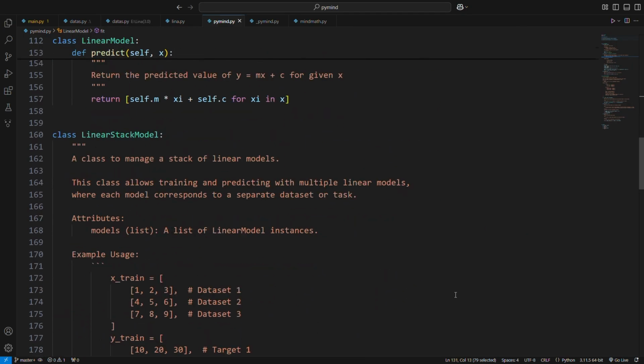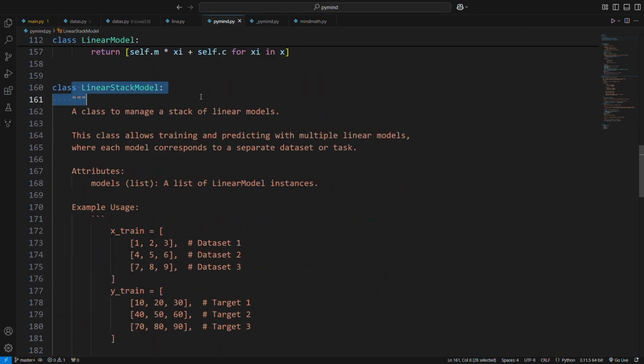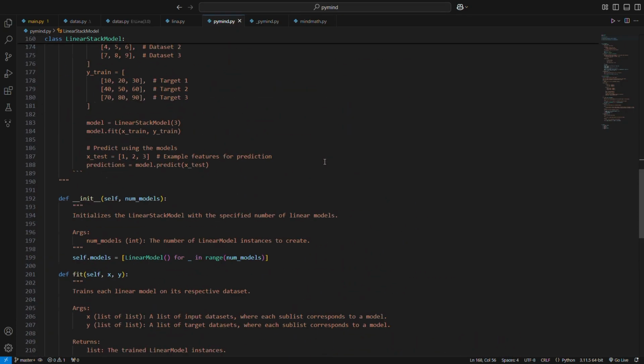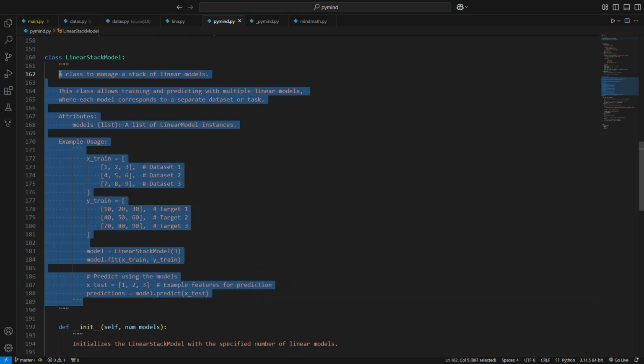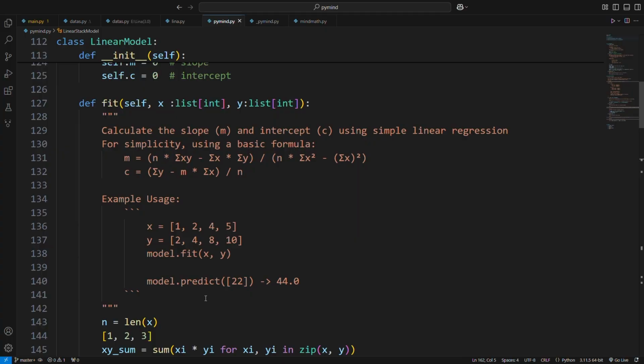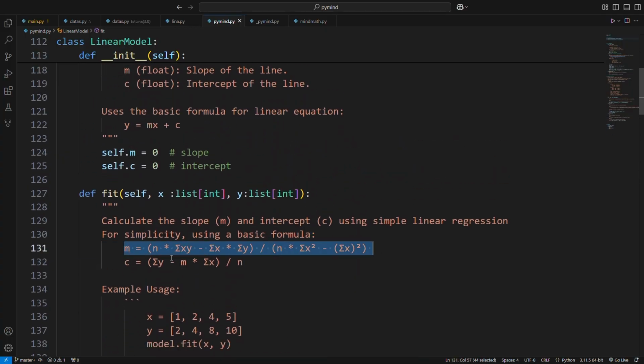So that's it. And I have also made one here, the linear stack model. What it does is pretty simple, a class and so on. Yeah, I did not write all of this, it was written by ChatGPT, and this part too.